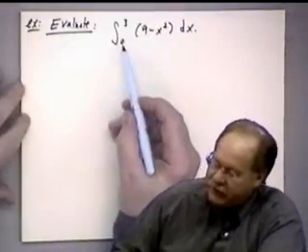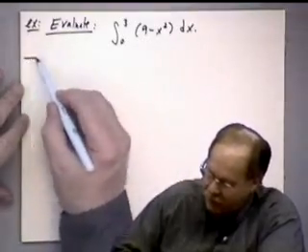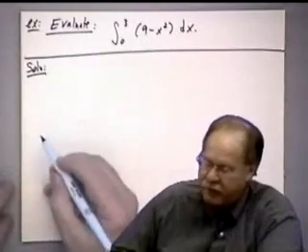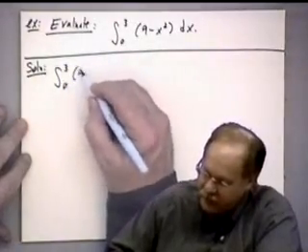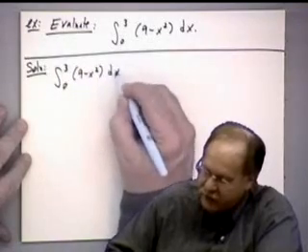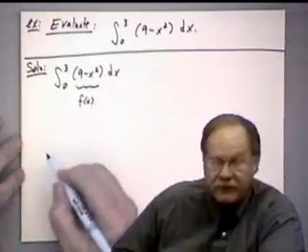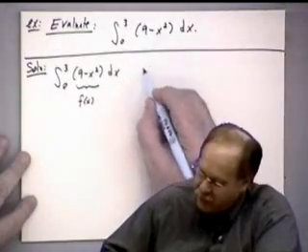Evaluate the definite integral from 0 to 3 of 9 minus x squared dx. Okay, how do we go about doing that using the fundamental theorem of calculus part 1? Well, if we write it down, 0 to 3, 9 minus x squared dx. This function under here is what we called in the theorem little f of x. Now what we need to do is find an antiderivative for that function.